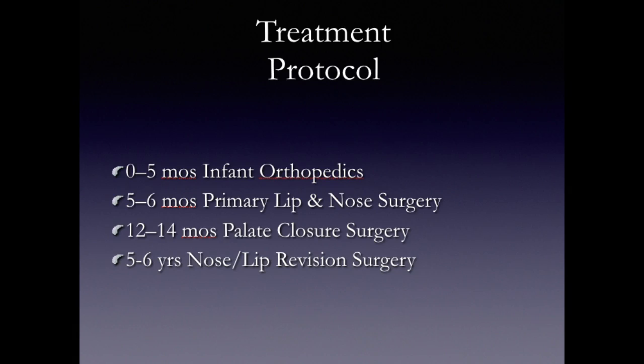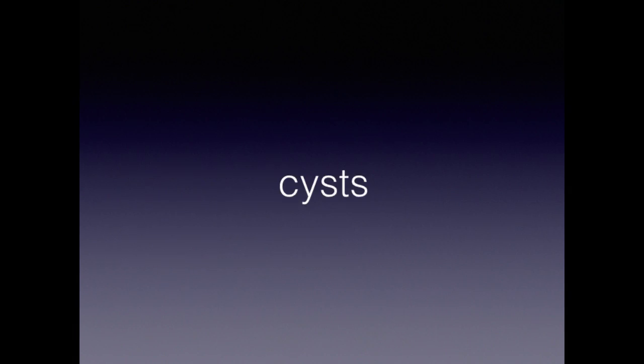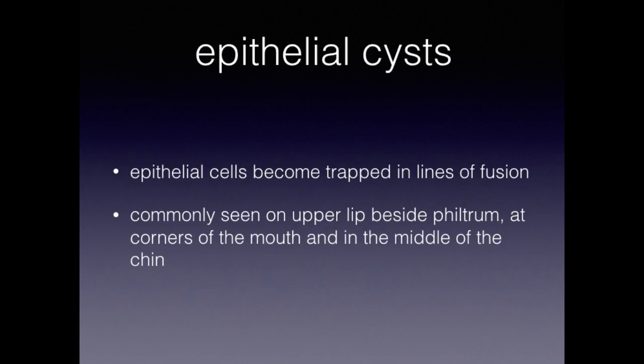The other thing that we are concerned about in dentistry are cysts, in particular epithelial cysts, because of all of those epithelial tissues, the ectoderm tissues merging together, and the possibility of epithelial cells becoming trapped in those lines of fusion.